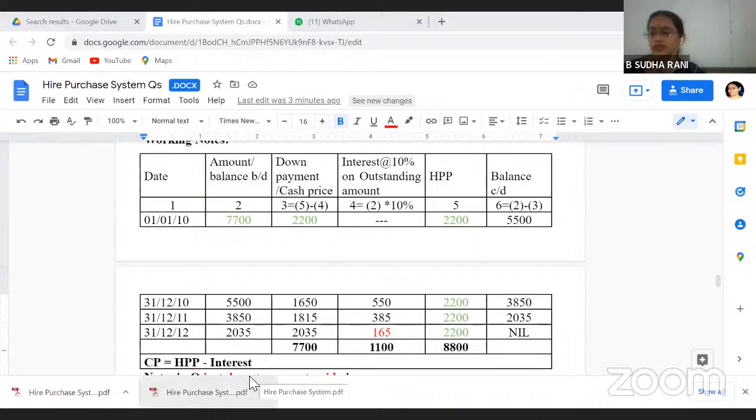Okay, anything else? Shall I move on to what to do when interest is not given?